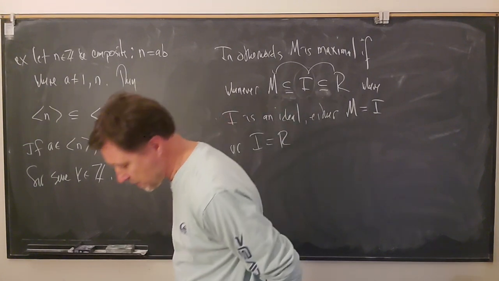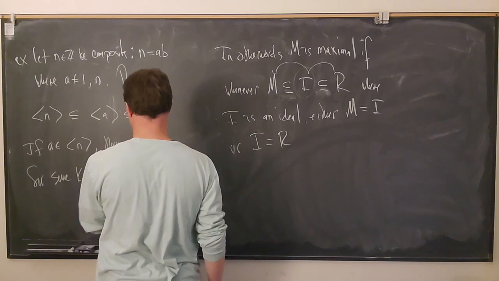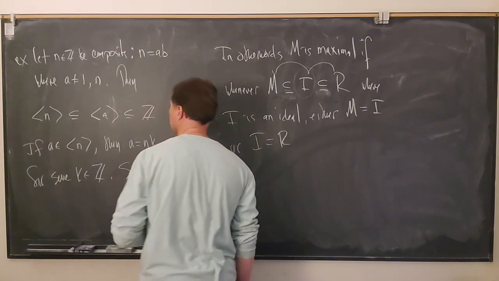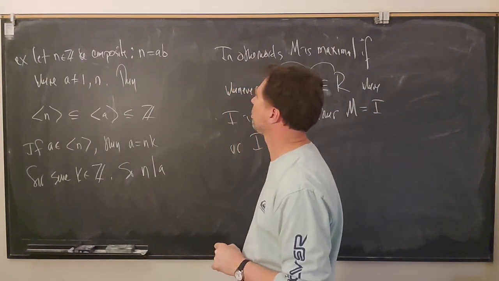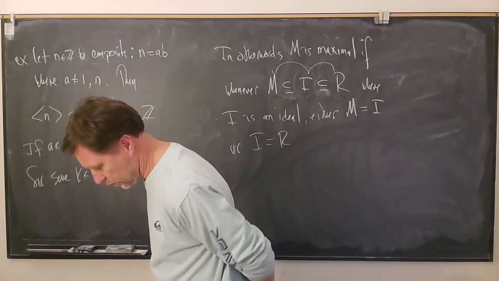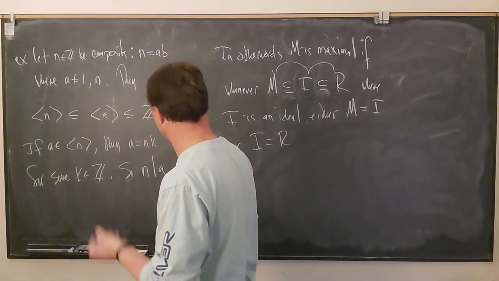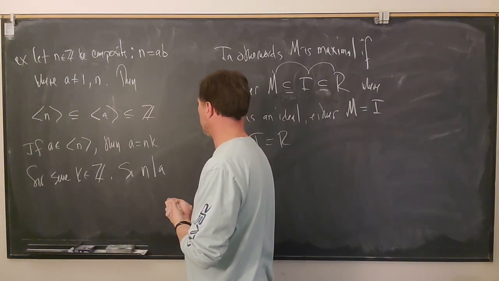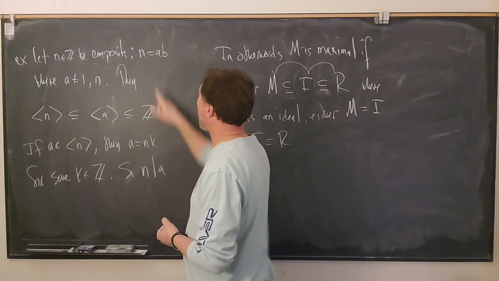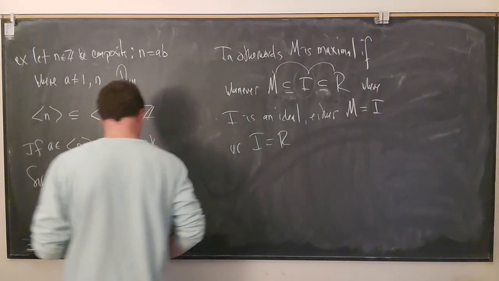So what does that mean? It means that n divides A. But if n divides A, and we already know that A divides n, that would say that they're equal.